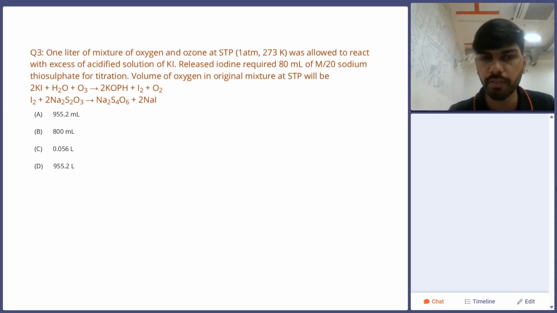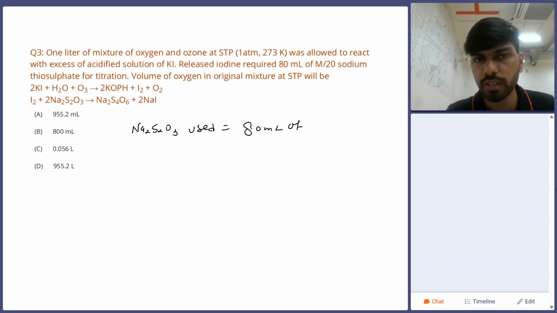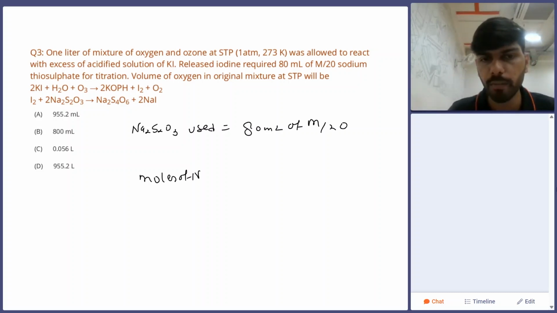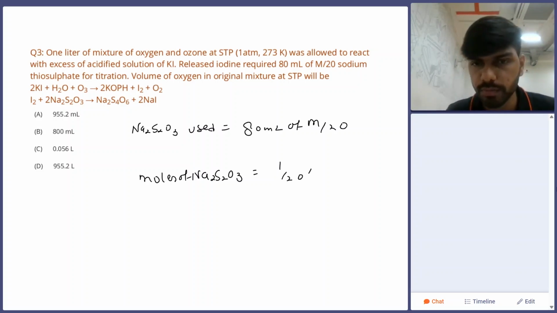For this question, basically we can say Na2S2O3 used is 80 ml of M by 20. Then moles of Na2S2O3 is 1 by 20 into 0.08.